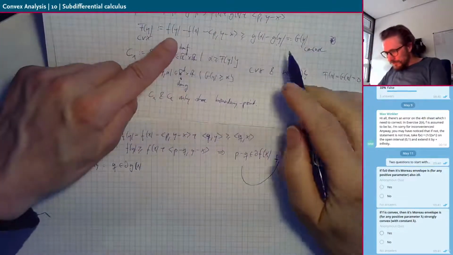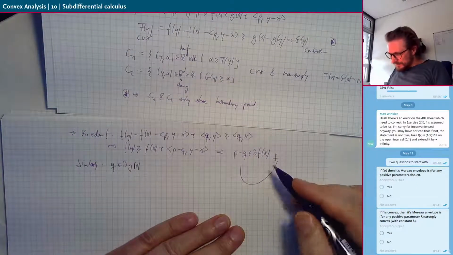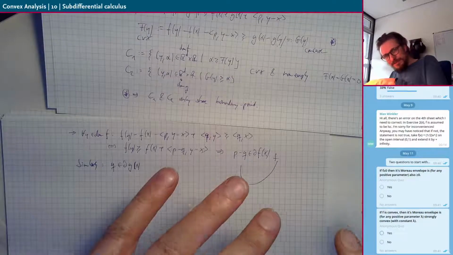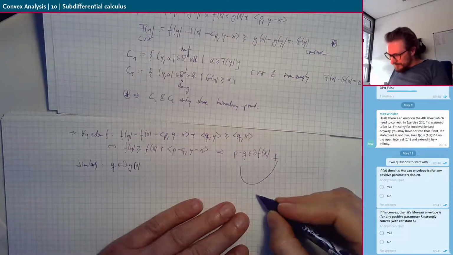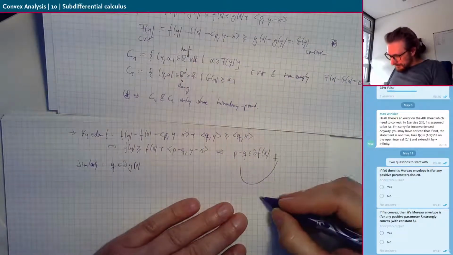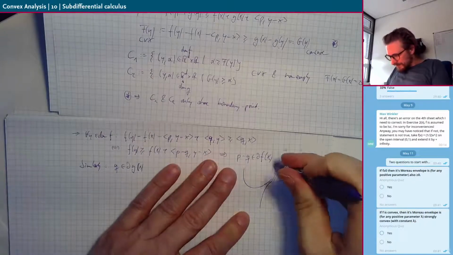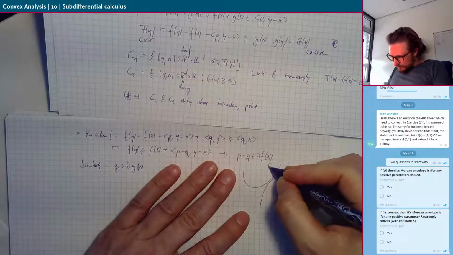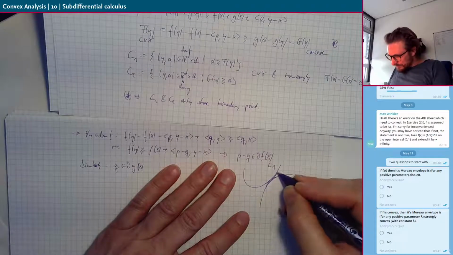We have a little bit of things shifted around, but the picture is roughly like this. The set C1 is kind of like this. Actually, it's a little bit tilted because we subtracted the subgradient, and it's also shifted by constants, but the sets C1 and C2 look like this, and they actually touch here at least one point.